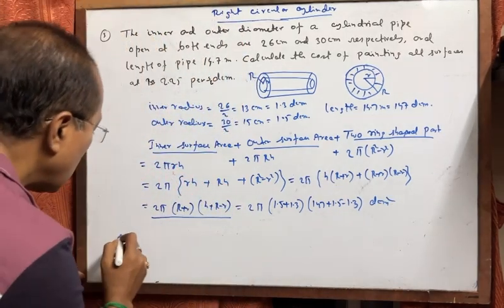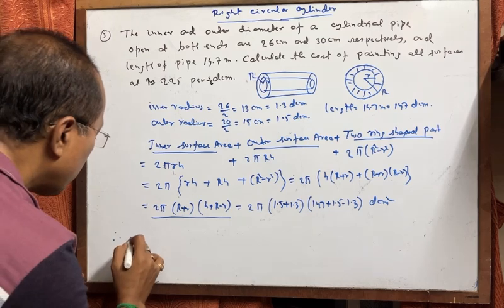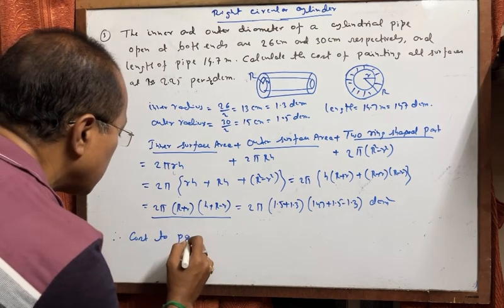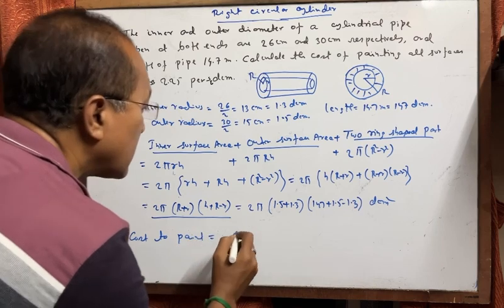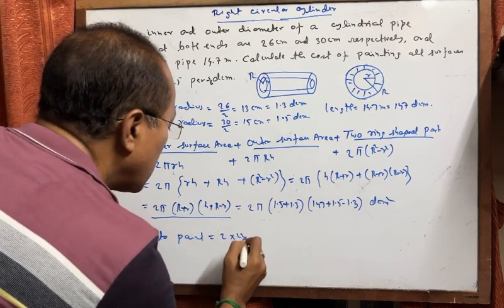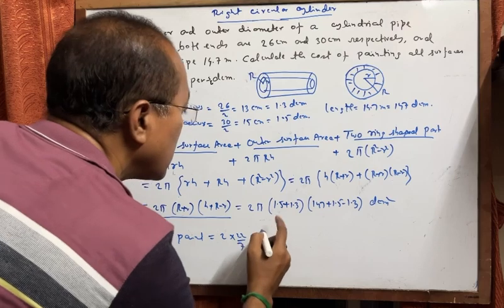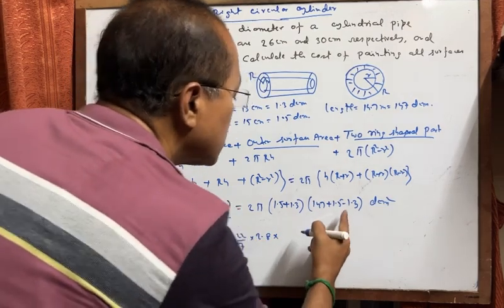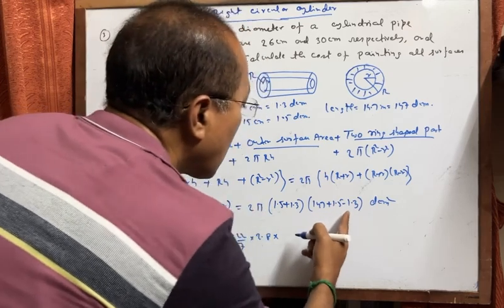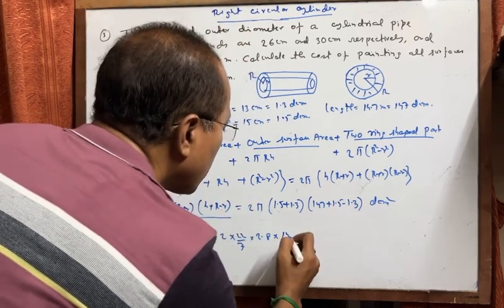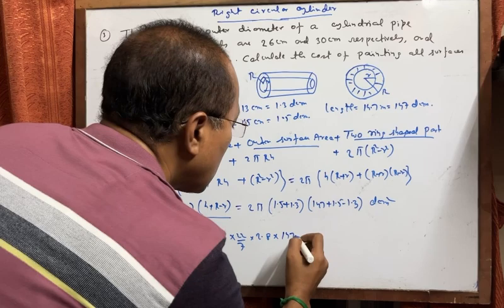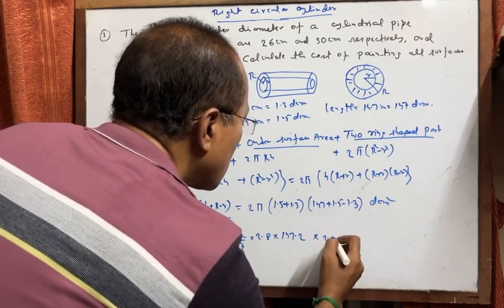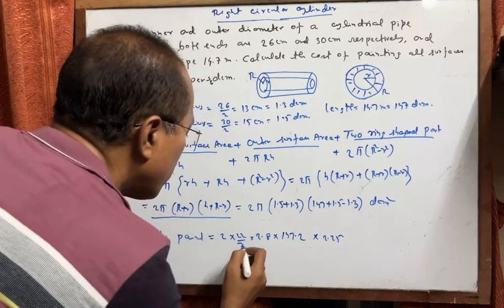Therefore cost to paint is equal to 2 into 22 by 7 into 2.8 into 147.2 into 2.25.